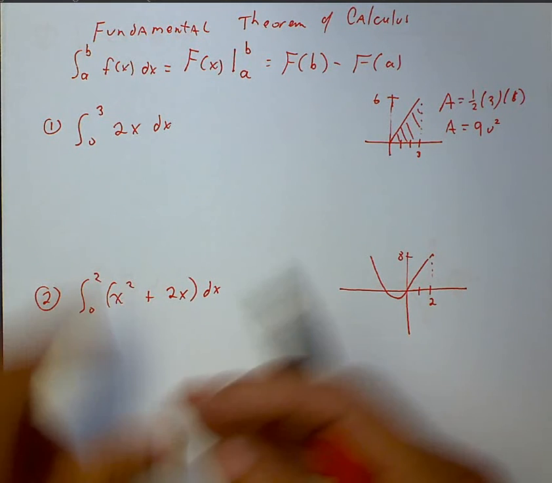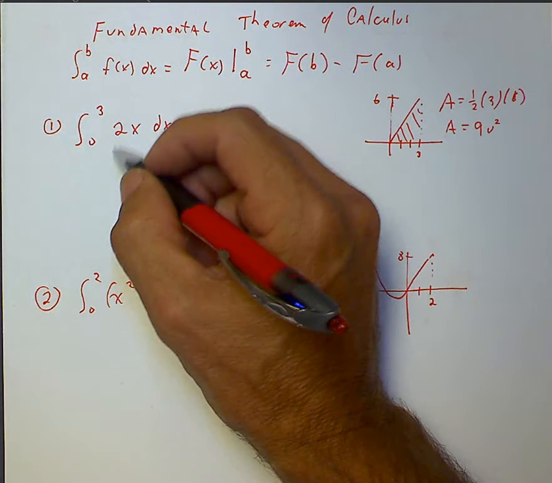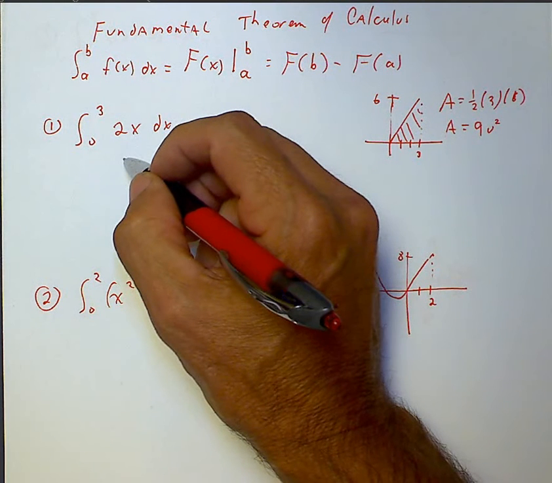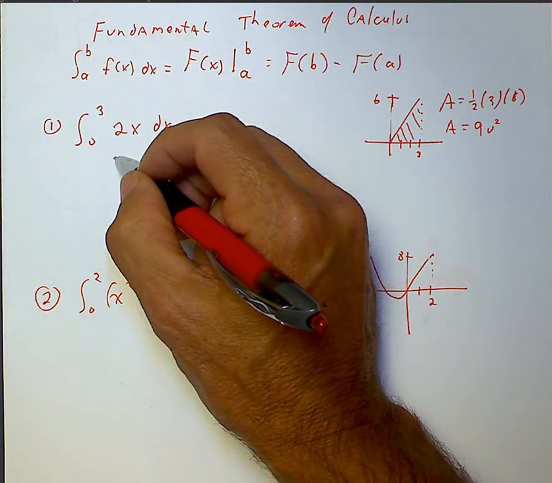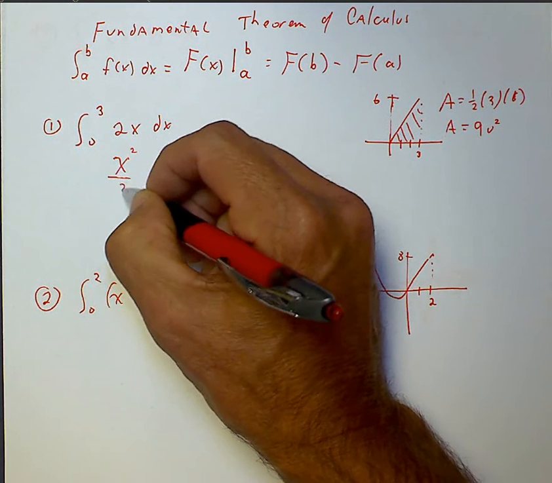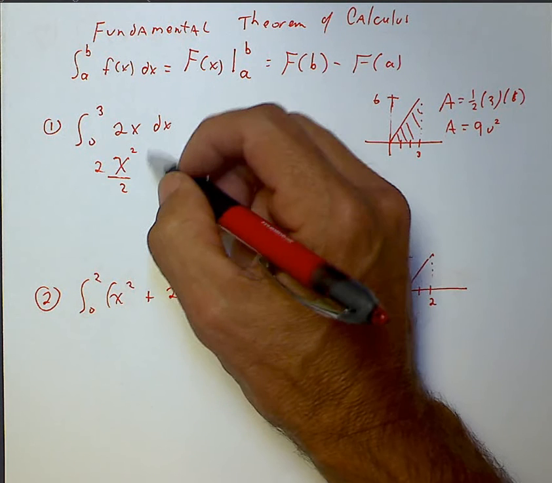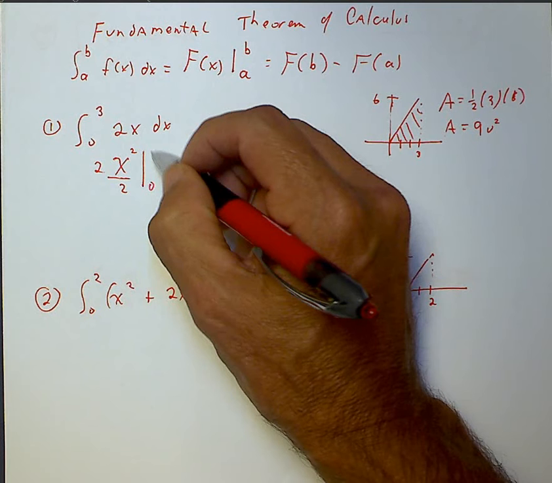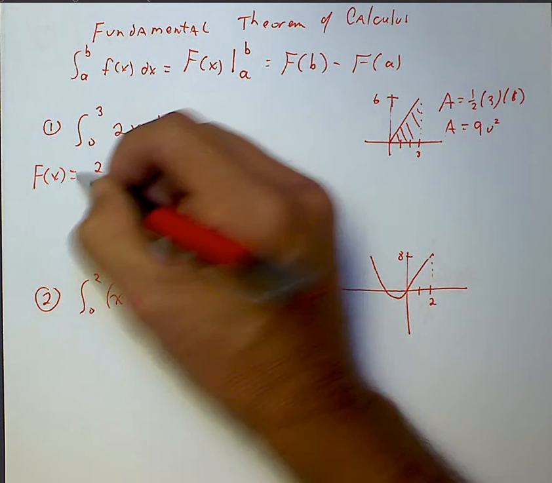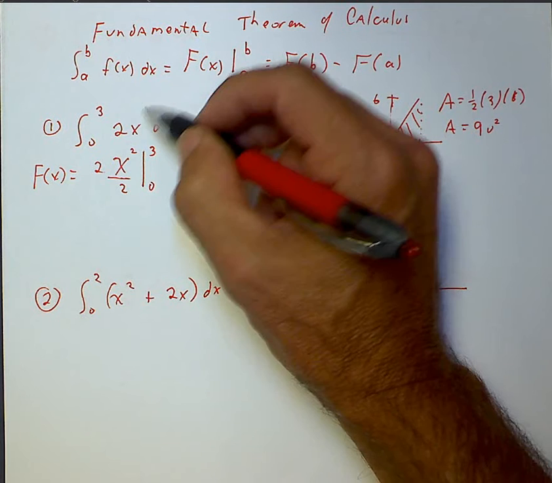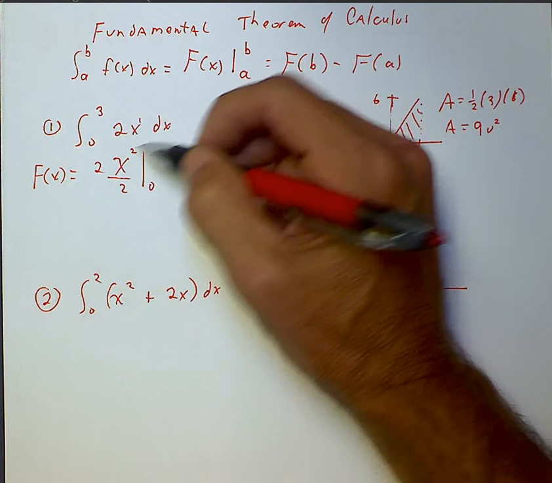We know how to integrate. We're going to add 1 to the exponent, and so that's going to wind up being x squared over 2 times 2, and we're going to evaluate that from 0 to 3. That's what F of x is going to equal. Add 1 to the exponent, divide by that exponent, 2 is already there.